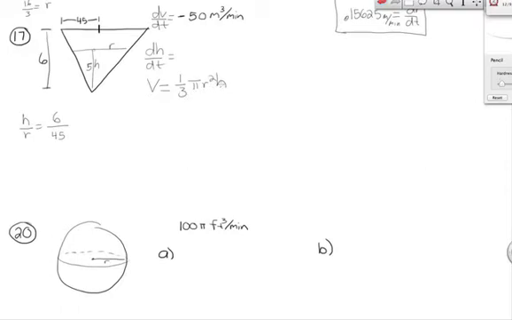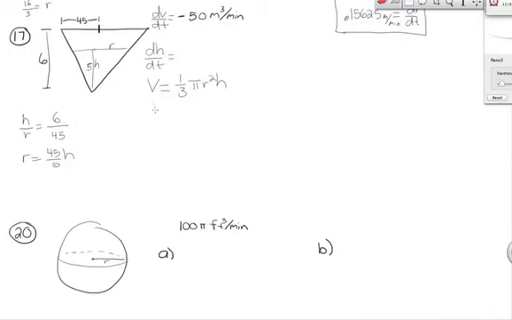So I need to convert my variables, and I'll use this statement. I want dh/dt, so I need h's left in the problem. So I need this to say r equals. So r equals 45/6 of an h.